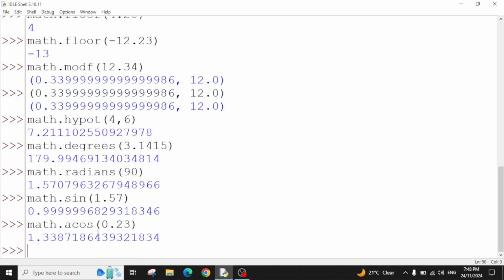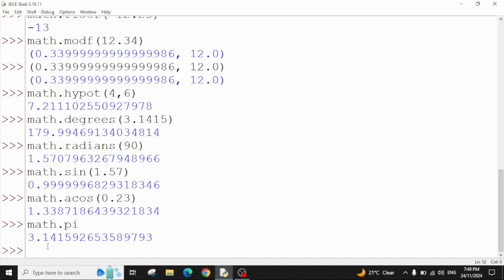Inverse of cos of 0.23 is 1.338. You can have the constant, like say I have to find the value of pi. Say math.pi. So it comes to be the value of pi, that is 3.14.